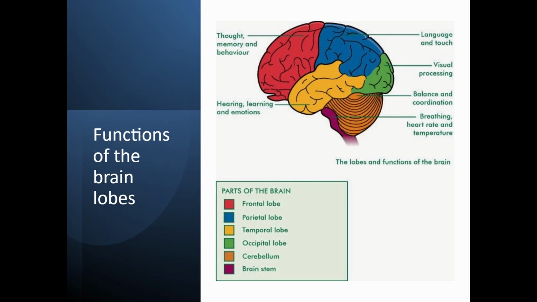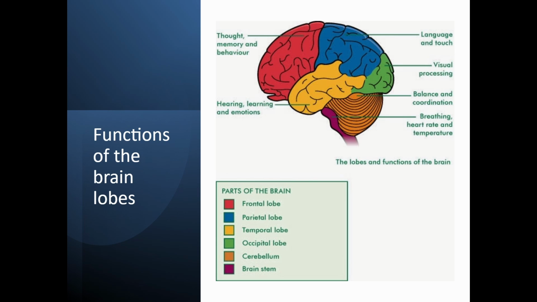And when we're talking about the parts of the brain and the lobes and their functions, we can actually assign general functions to those lobes. A lot of what the frontal lobe does is allow us to think, store memories, and is responsible for our behavior. The hearing, learning, and emotional part of our brain tends to be near our temporal lobe.